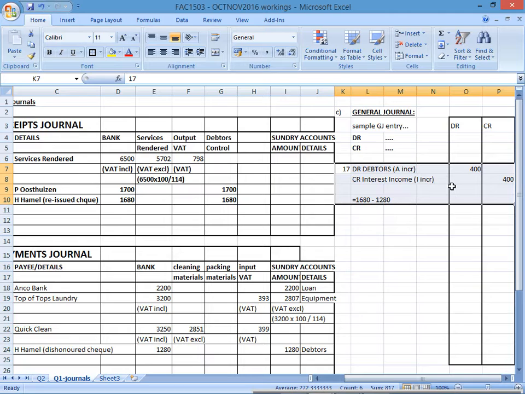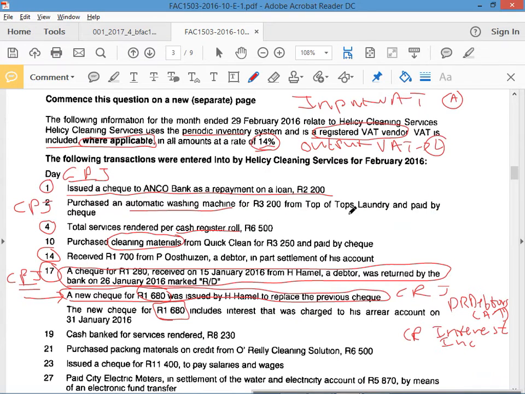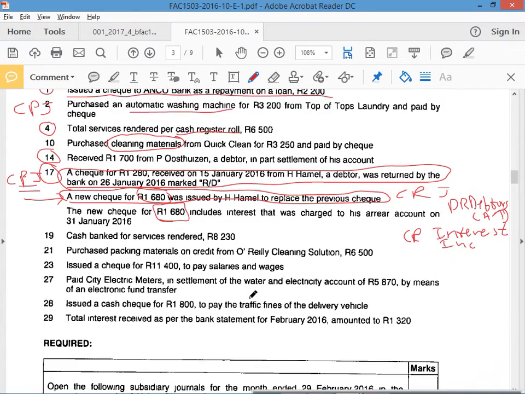Debtors is an asset. Assets increase on the debit. Why did I charge them interest? Because the account was overdue probably. Guys have that? Great.